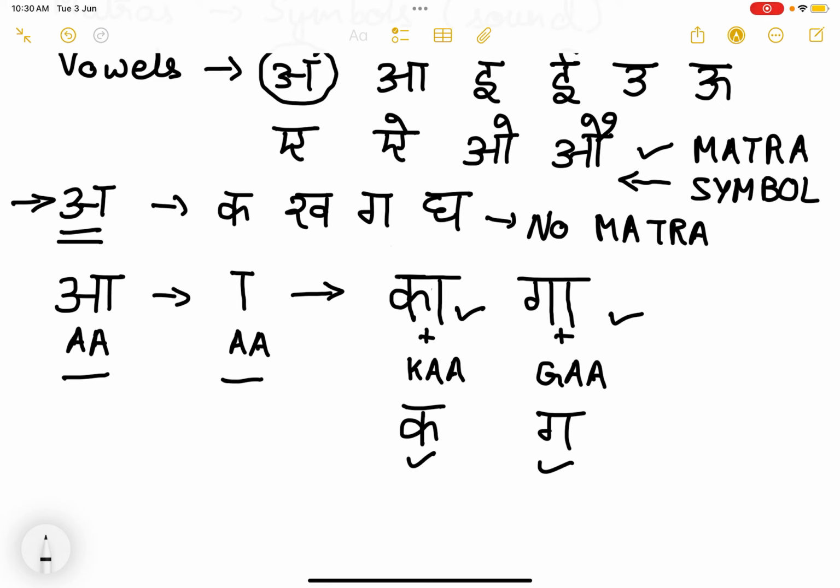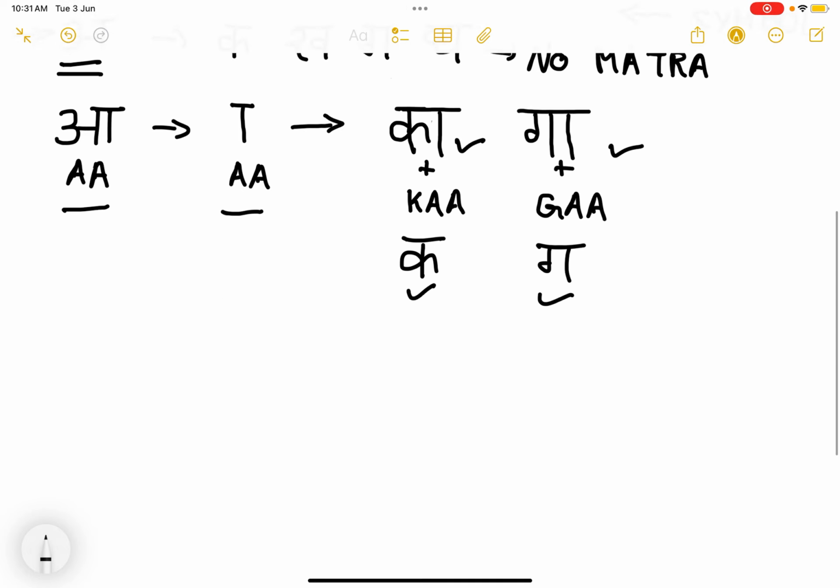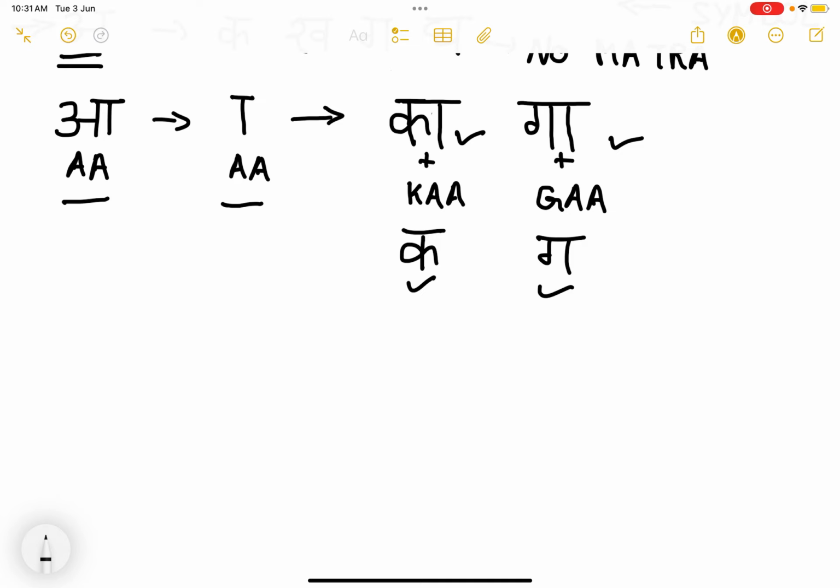Matras help us to attach vowel sounds to the consonants. Ka plus aa becomes kaa, like that.